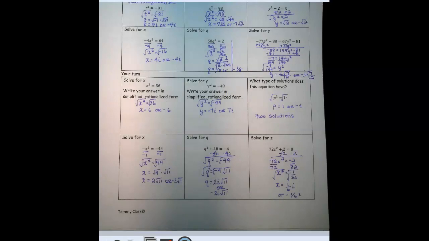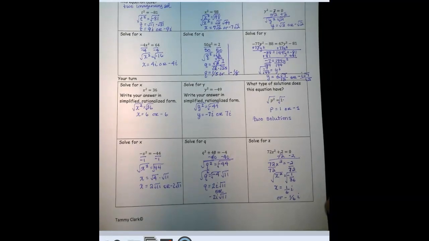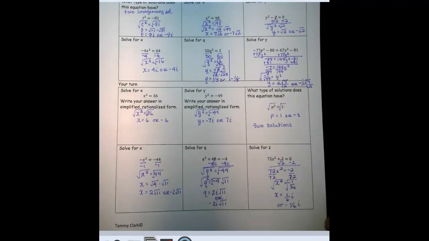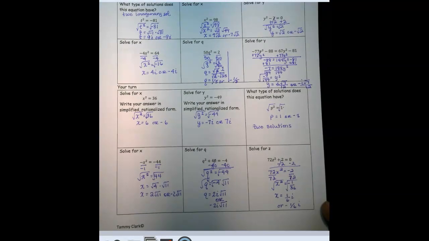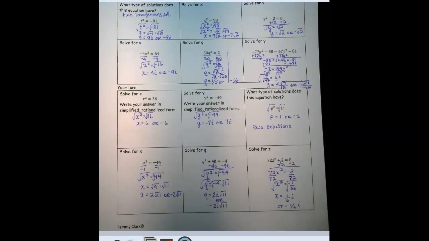All right, here are the answers for the your turn. And while I was going through, I realized that I had done all the math, but there were 2 particular questions that I really didn't answer the question, I just did the math. So here I have, what type of solutions does this equation have? Well, remember we said if a is greater than 0, we have 2 real solutions.